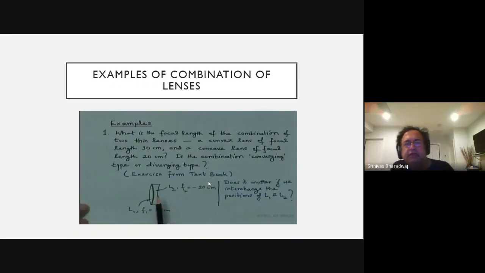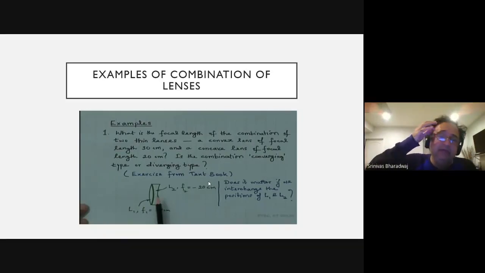What is the focal length of the combination of two lenses? Convex lens of focal length 30, the concave lens of focal length 20. So is the combination converging or diverging?